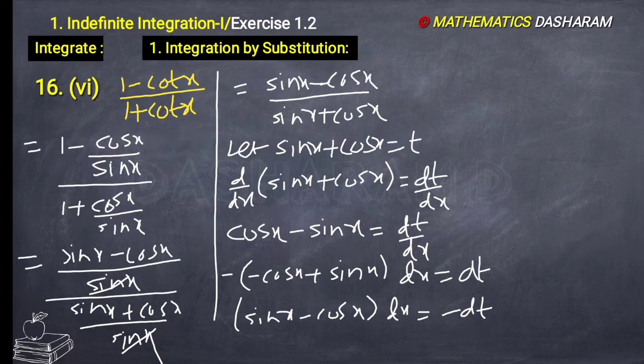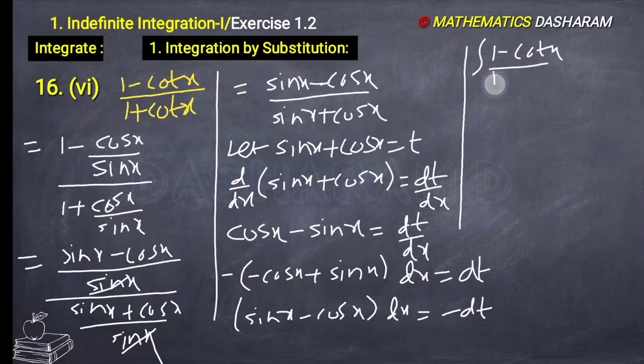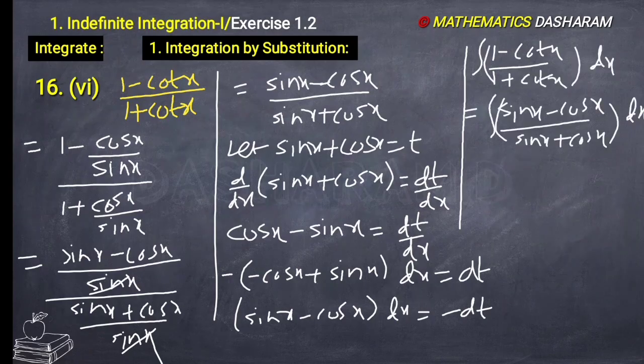So why was I taking the minus common? Because in the numerator we have sin x minus cos x. So that is why. Now the integration of the given question, 1 minus cot x by 1 plus cot x, is equal to 1 by t, which we selected as sin x plus cos x, and sin x minus cos x into dx equals minus dt.